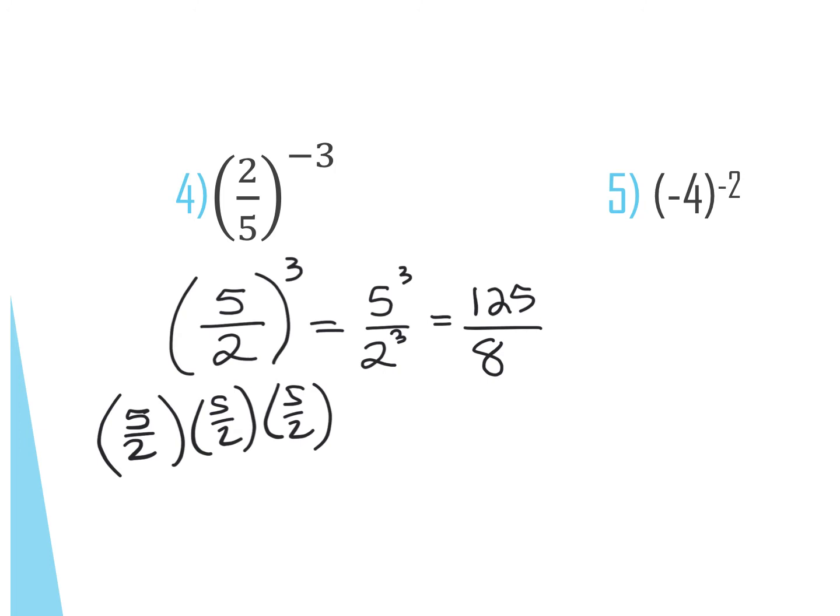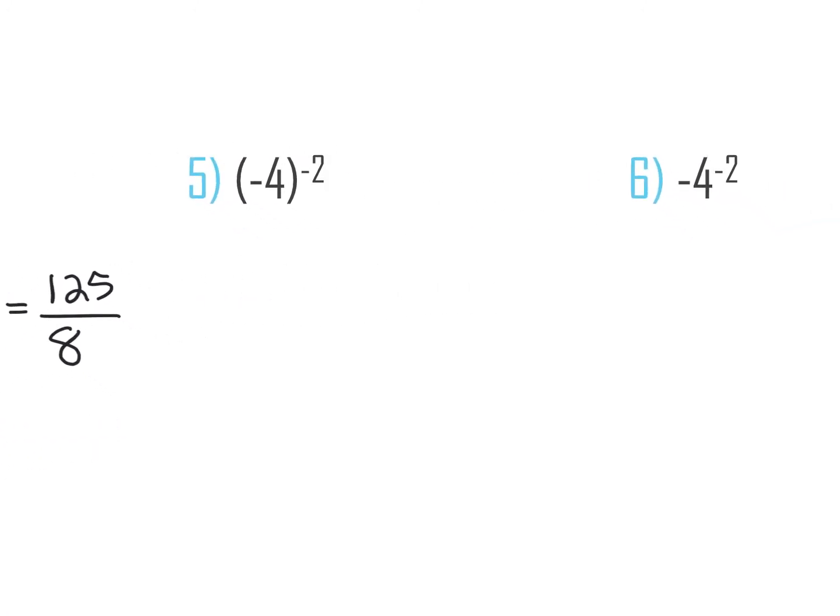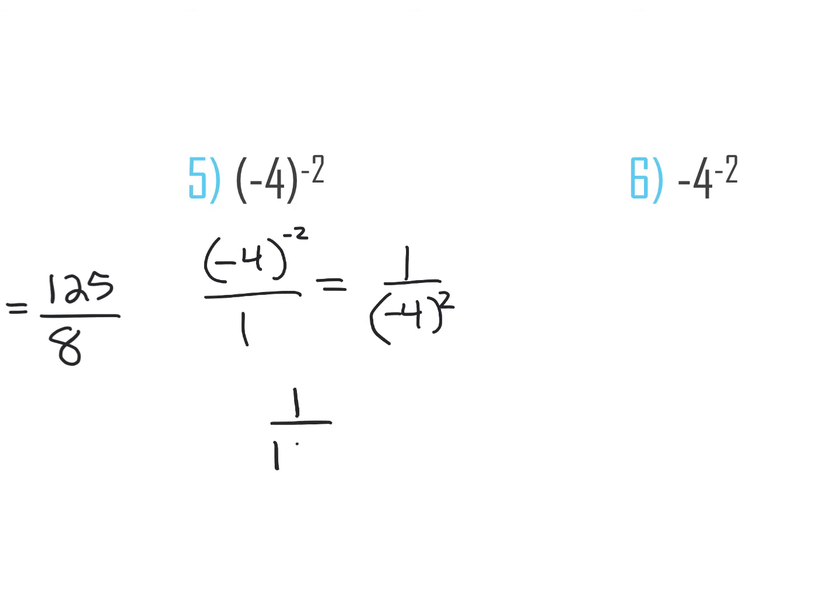Now, the last two examples on this slide look very much the same, but notice one has parentheses and one does not. We talked about negative numbers being raised to a power. It makes a difference if there's a parentheses. So for example here, if you'd like to think of this having a 1 underneath it, we can think reciprocal here, flip it, and now evaluate. Negative 4 times negative 4 gives me positive 16.